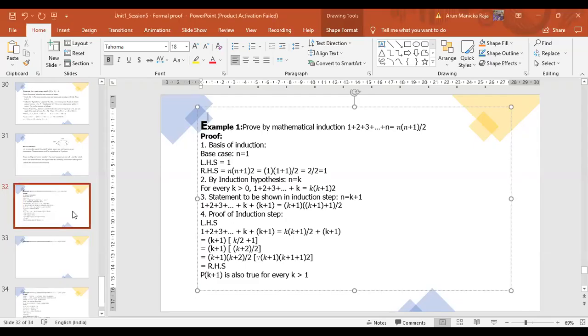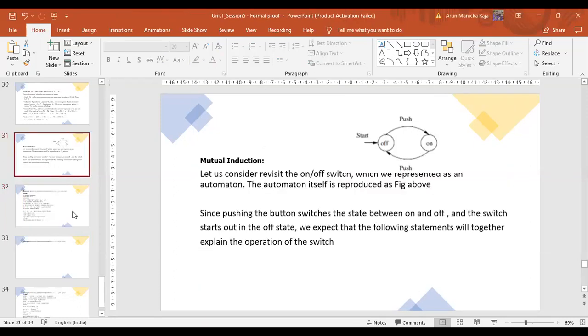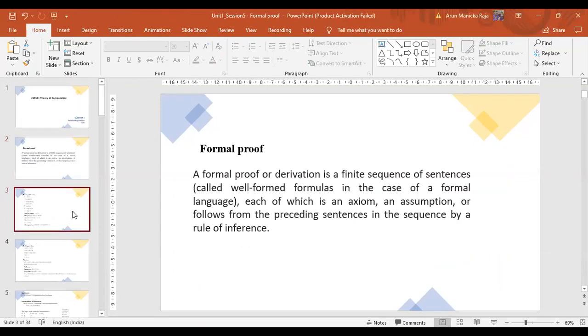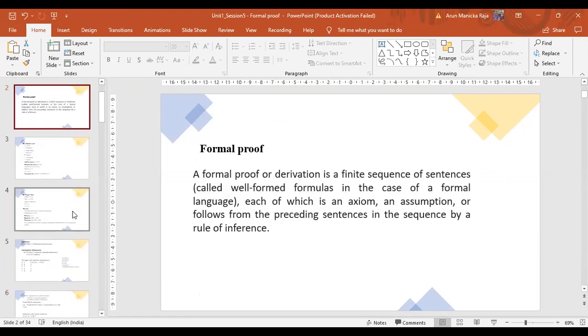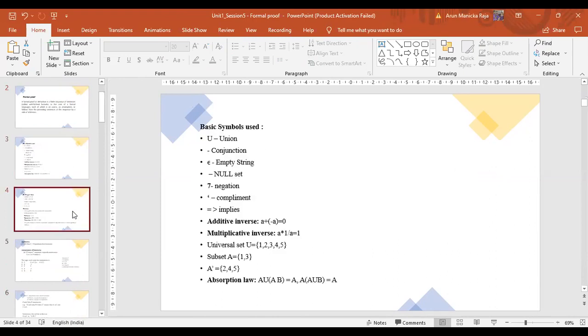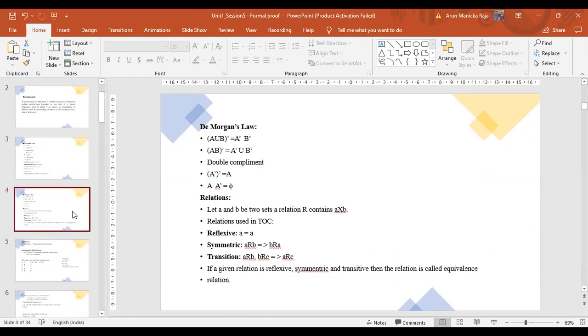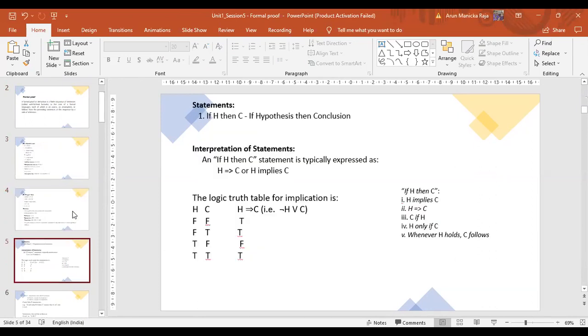I share my screen. Is yesterday's class what we have discussed? We discussed formal proof, right? What is the proof and why are we using the proof? Then formal proof and what are the notations we may use for that proof.